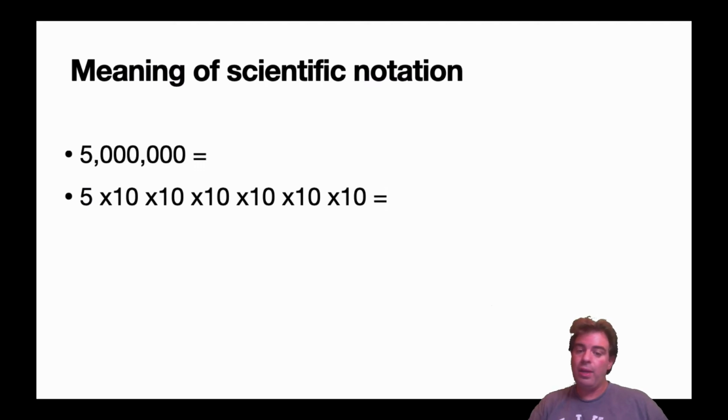If we put this in our calculator, we come up to exactly 5 million. So we can take the 5, and since we are multiplying it by 10 6 times, we can simply raise it to the 6th power. So it becomes just like this: coefficient, base, and exponent. So let's check this out.